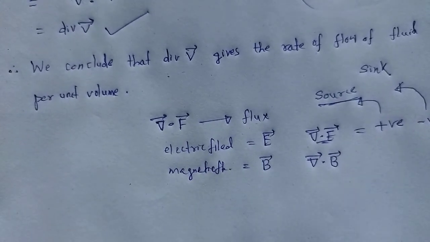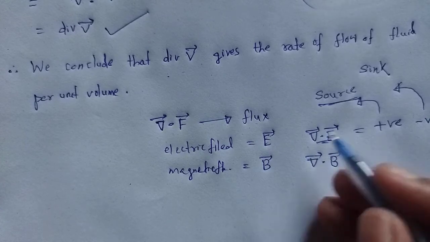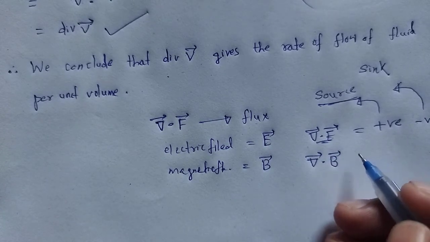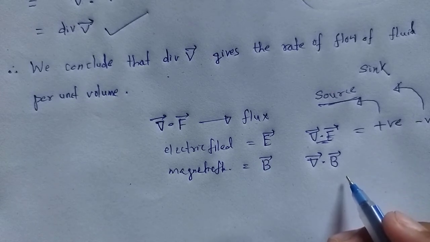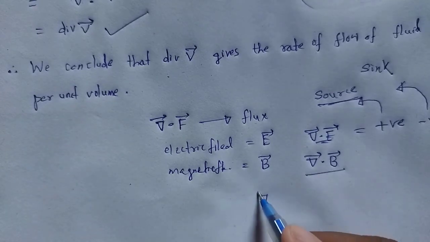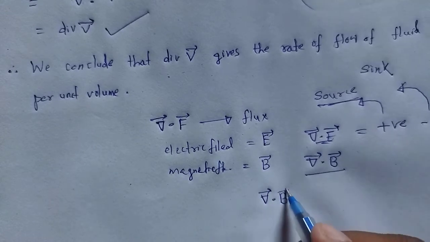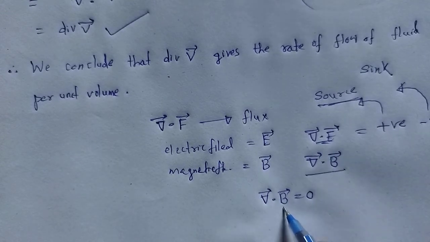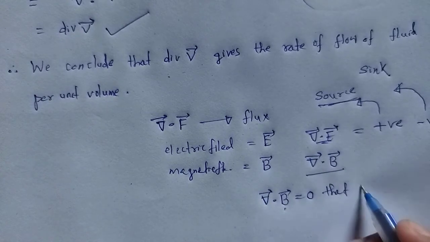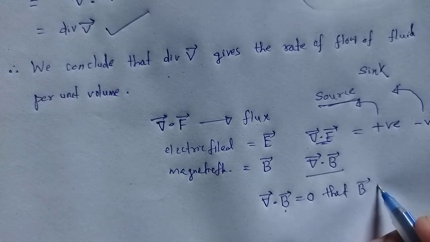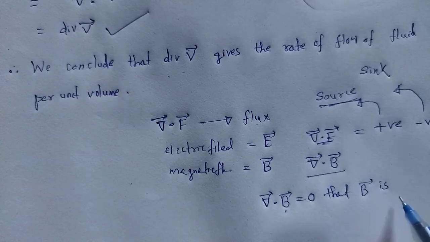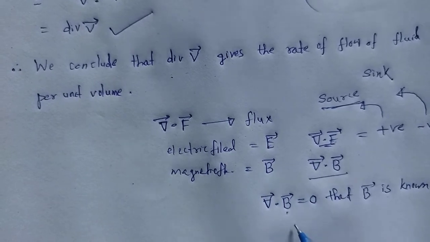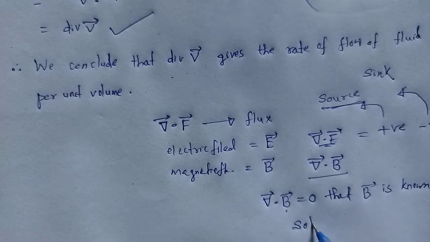Again, a note: if the divergence is 0, let grad dot B be equal to 0 for the magnetic field, then that vector function, that B vector, is known as a solenoidal vector.